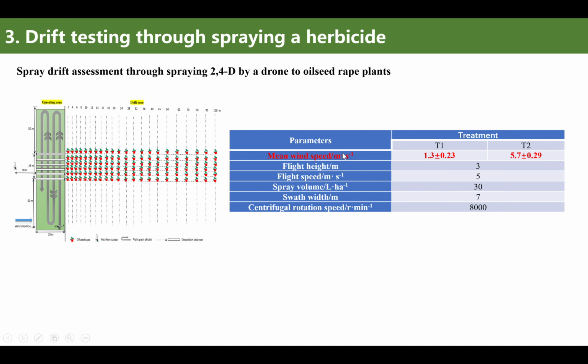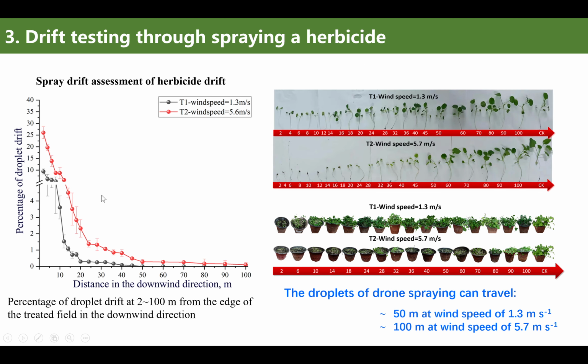You can see this test was conducted at two wind speeds, the low wind speed and the high wind speed. This picture is the deposit of drifted droplets, and these two pictures are the affected plants. You can see the droplets of drone spraying can travel about 50 meters in the air at low wind speed and about 100 meters at high wind speed.